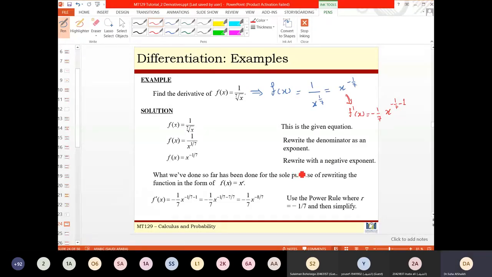Correct? Isn't this the rule? I will go back to that example, Farah. Let me just finish this. I saw your question. So minus 1 over 7 minus 1: the minus 1 is nothing but 7 over 7, so we subtract. So this will be minus 1 over 7, x to the power minus 8 over 7, and this is the derivative.